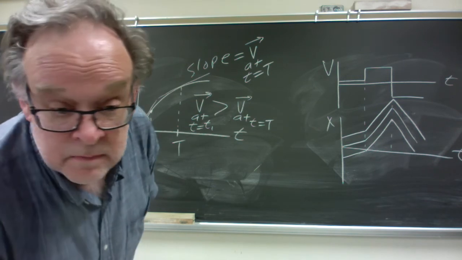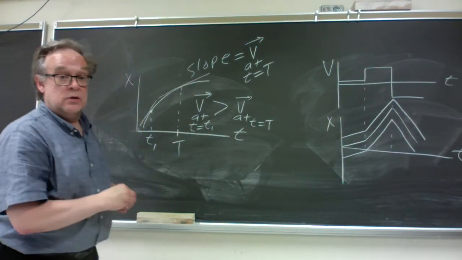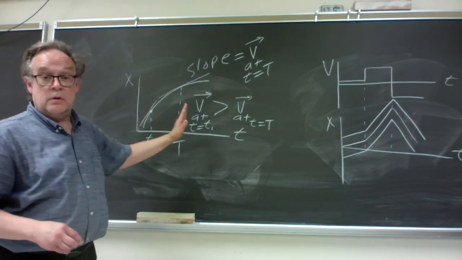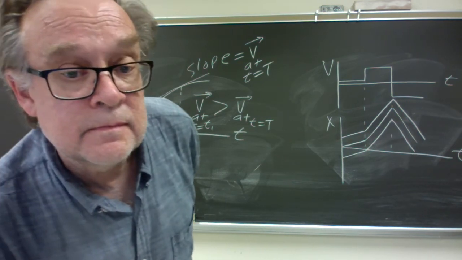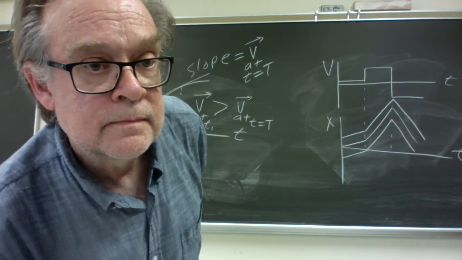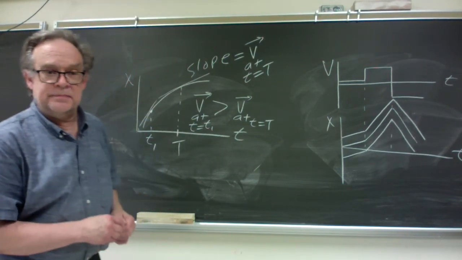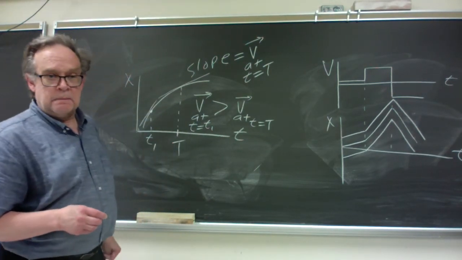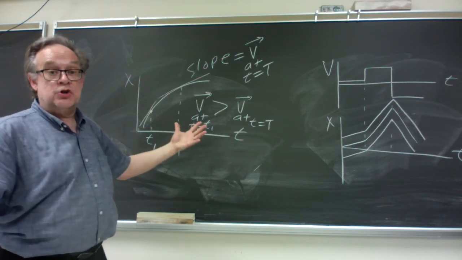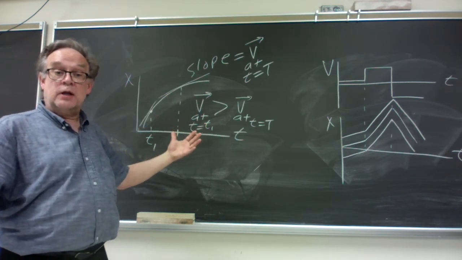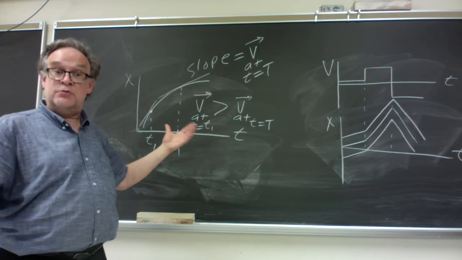On this curve, because it's a curve, the slope of the tangent line is different everywhere.